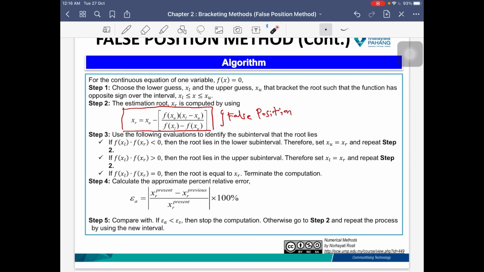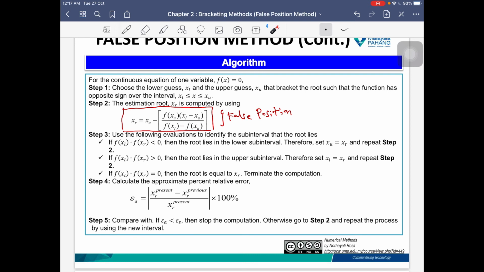Step number 1, choose the lower guess XL and upper guess XU that bracket the root such that the function has opposite signs on the interval between XL and XU. Then step 2, we calculate the estimated root XR by using the false position formula.